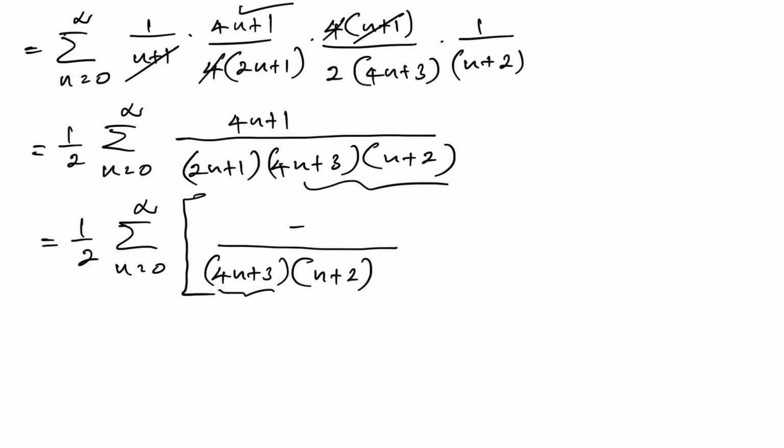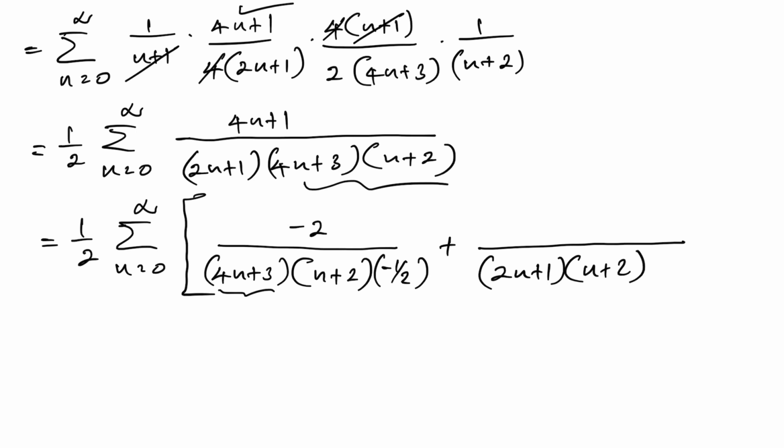2 and minus 1/2, so minus 1/2, then plus here now I'm going to take 2n plus 1 times n plus 2 together, then we should substitute where n is equal to minus 1/2, so here we have minus 1 and here we have 1.